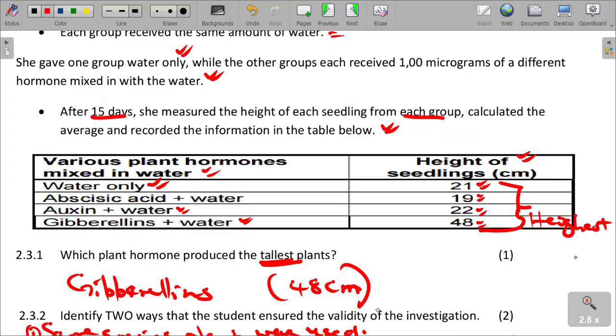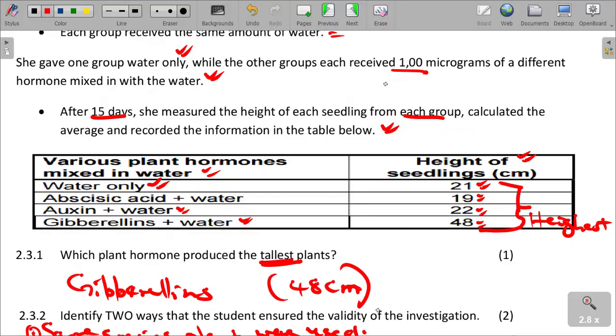And then I see again, she gave one group water only, while the other groups each received 1.00 milligrams of different hormone mixed with the water.